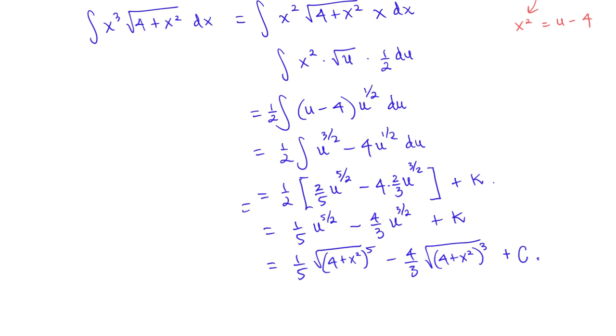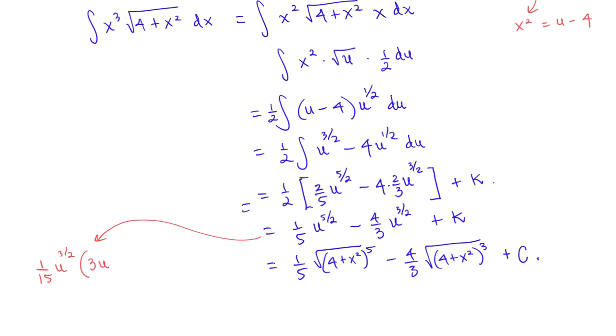For an alternative answer, we find the common denominator, which is 15. We factor out u to the 3/2. What remains in the factor is 3u.